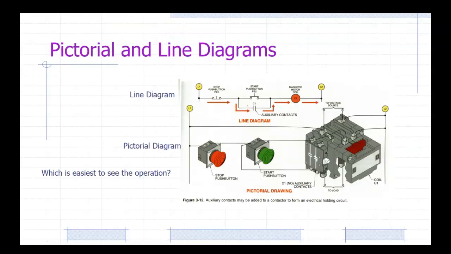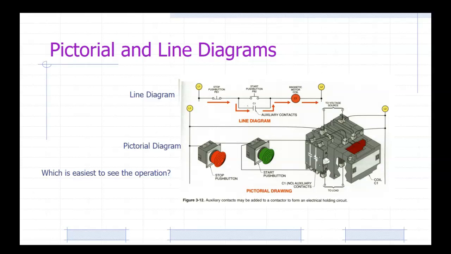Pictorial and line diagrams, again, so the whole point of a pictorial diagram is to what? Is to try and show you point-to-point wiring connections. Ladder diagram is just saying, okay, you have a push button that goes to this relay. You have a second push button that's going to stop the whole system if it's pushed, that kind of thing.